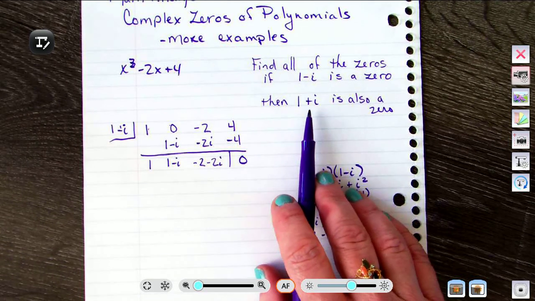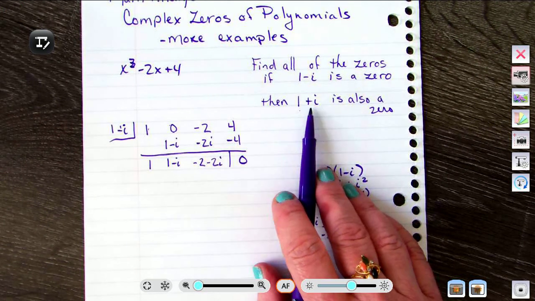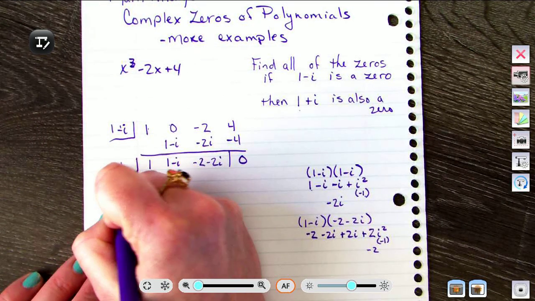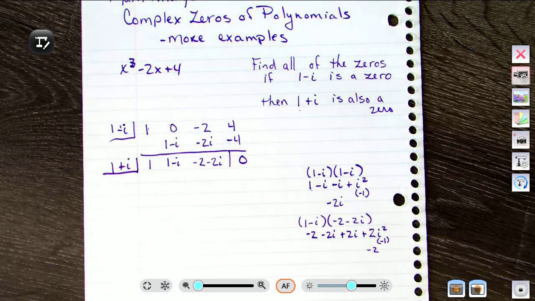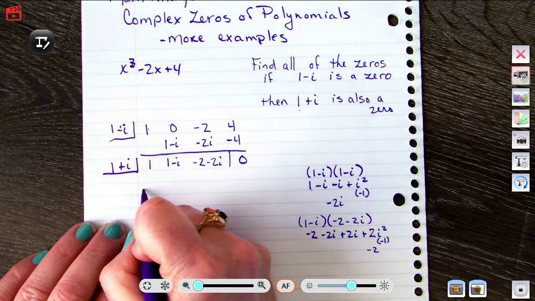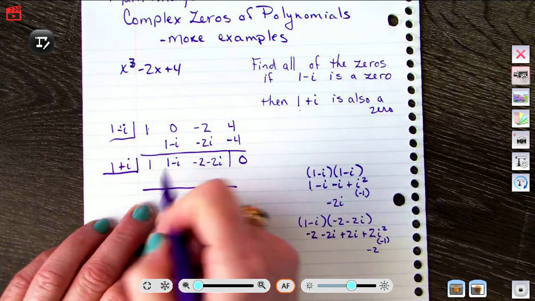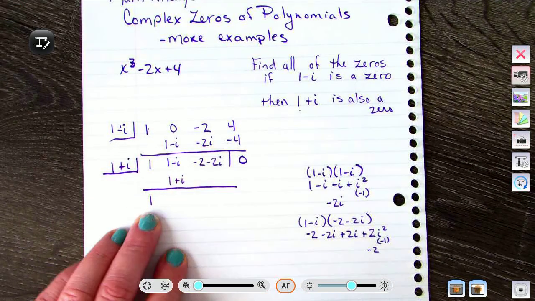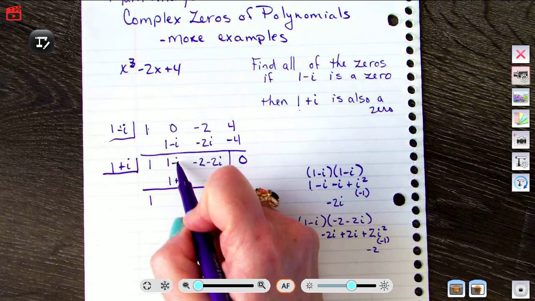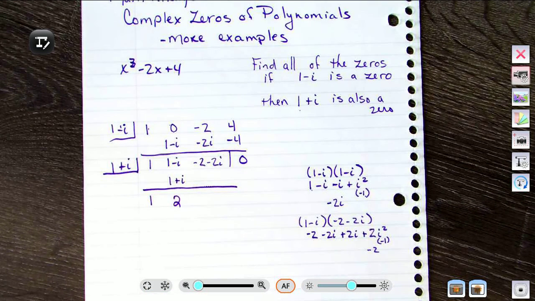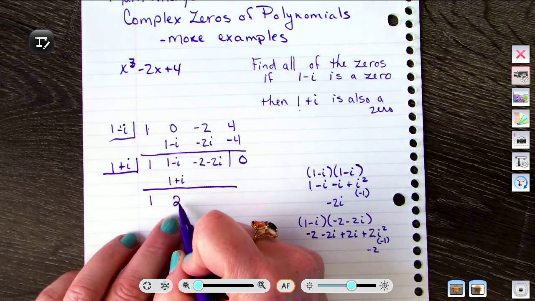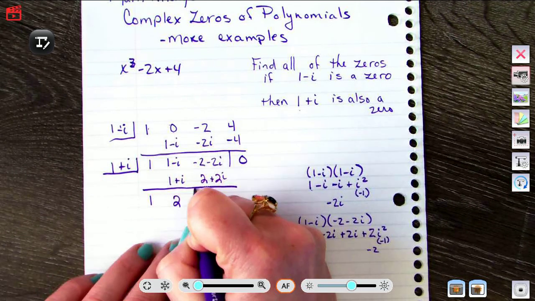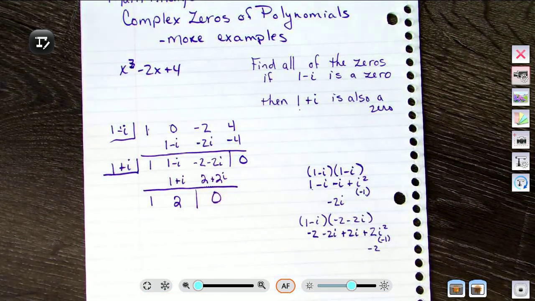I've done these before. So we also know that 1 plus i is a 0. So I'm going to just jump right in here and divide this guy out. Okay, so here we go. So I bring down my 1, I multiply, so that's 1 plus i. Oh, that's so nice, because my i's are gone, I'm left with 2. And then I'm going to multiply 2 by this guy, so this becomes a 2 plus 2i, and notice that, yes, I do get the 0.